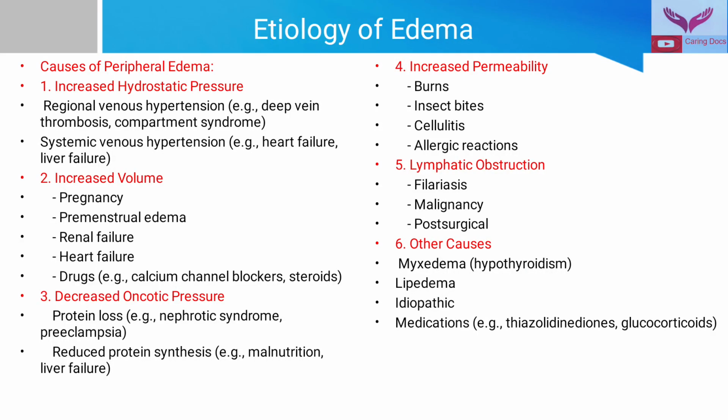Just to sum up the etiology of edema, causes of peripheral edema are increased hydrostatic pressure, for example, regional venous hypertension like deep vein thrombosis, compartment syndrome, systemic venous hypertension like patients with heart failure, liver failure, patients with increased blood volume, that is pregnancy, premenstrual edema, renal failure, heart failure, drugs like calcium channel blockers, steroids, decreased oncotic pressure because of protein loss as seen in nephrotic syndrome, preeclampsia, reduced protein synthesis, malnutrition, liver failure, patients who show increased permeability like in patients with burns, insect bites, cellulitis, allergic reaction, lymphatic obstruction which may lead to filariasis, malignancy, post-surgical edema.